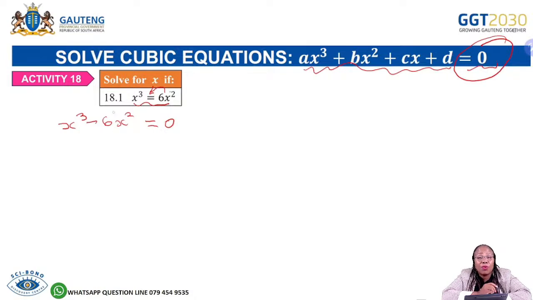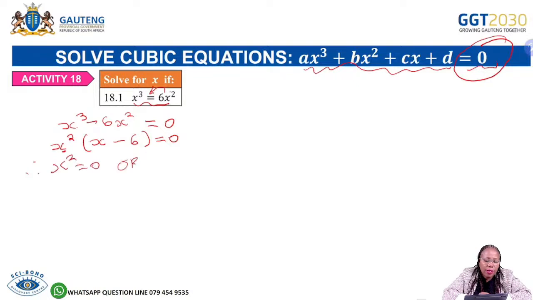You take the smallest exponent, which is x to the power 2, and then x cubed divided by x squared leaves you with x, minus the 6x squared divided by x squared, you'll only be left with a 6, that is equal to 0. So therefore x squared is equal to 0, or x minus 6 is equal to 0.